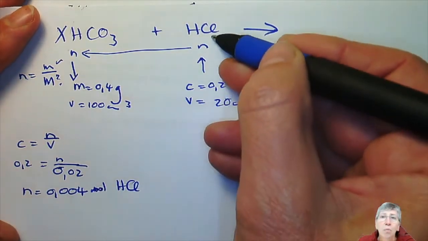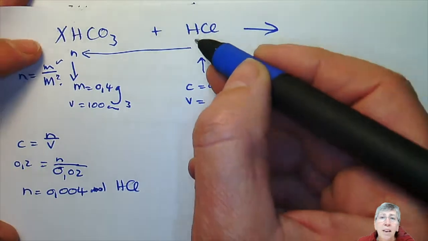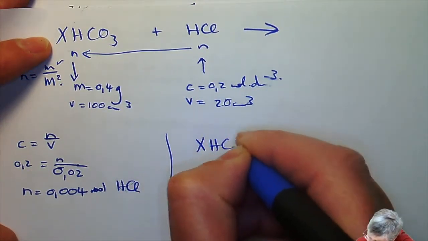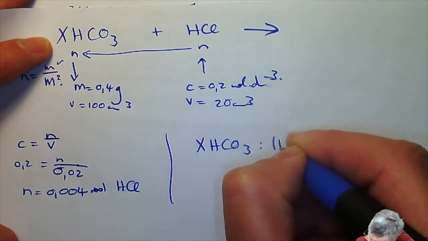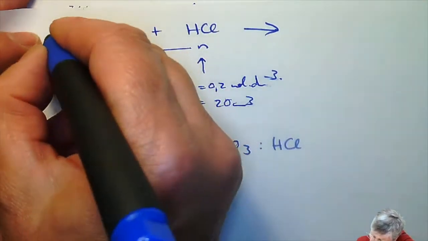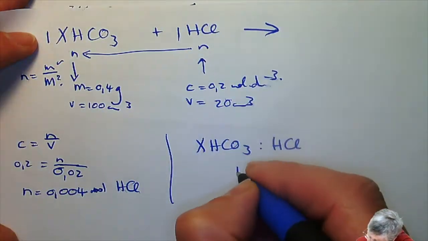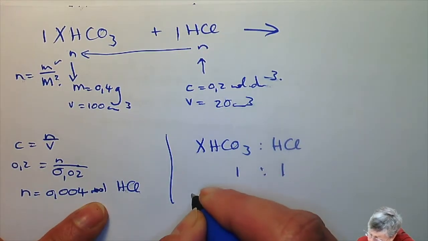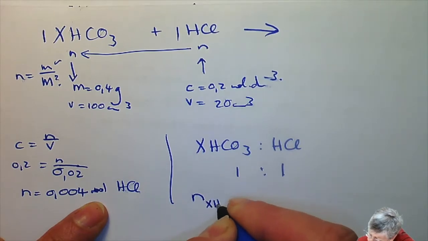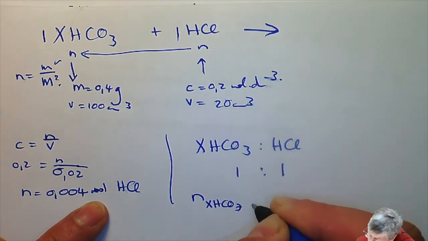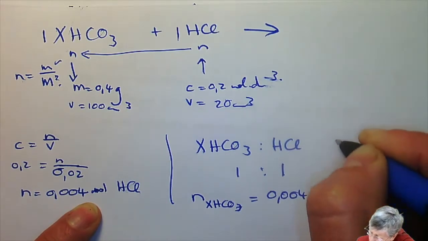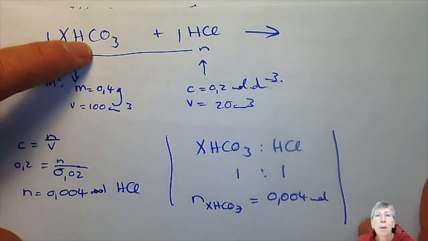So I've worked out the moles of HCl. Next up, from there to there, I've got XHCO3 to HCl. They are in the ratio 1 to 1. 1 mole of this will always react with 1 mole of that. So immediately that tells you that the moles of XHCO3 will also be 0,004 moles. So now I'm up to there.